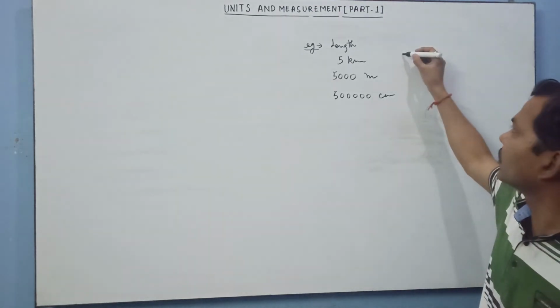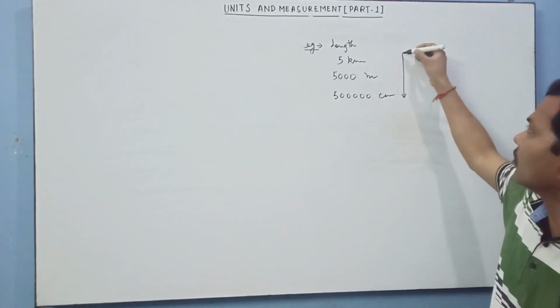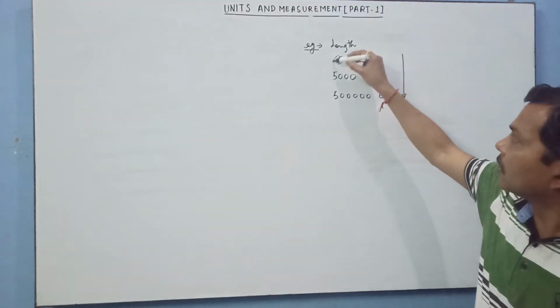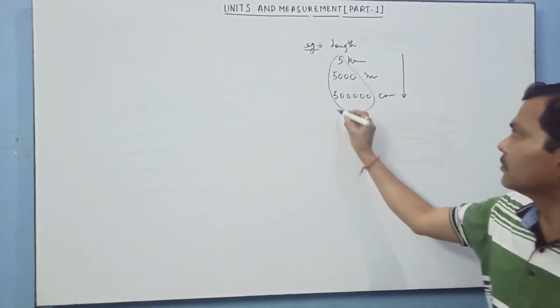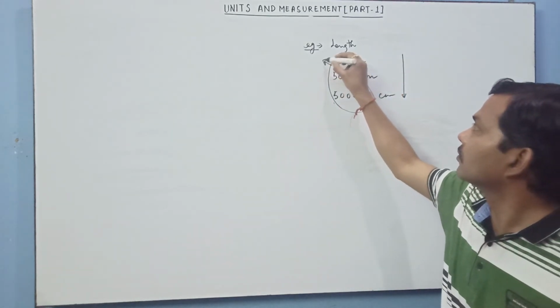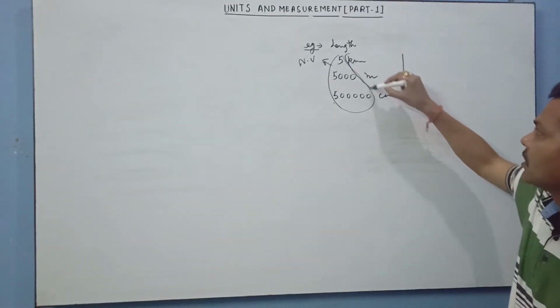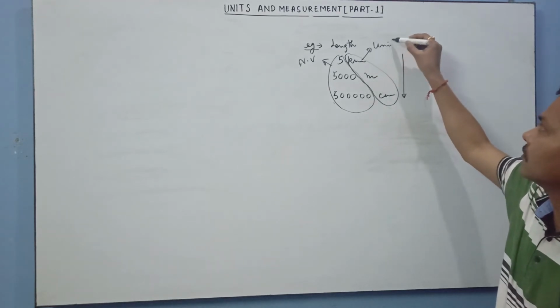We can easily notice that when we go from up to down, the numerical value is increasing while the unit is decreasing.